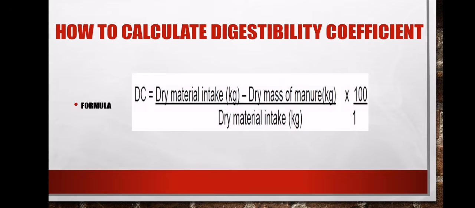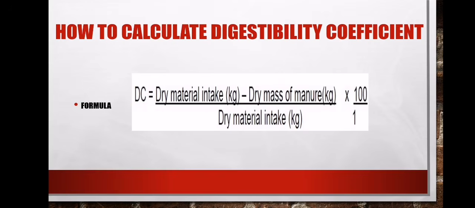The formula says DC, which stands for digestibility coefficient, is equal to dry material intake, in kg, minus dry mass of manure, again in kg, divided by dry material intake, kg again. Then at the end, you multiply all of this by 100. So look at the formula and take it down.